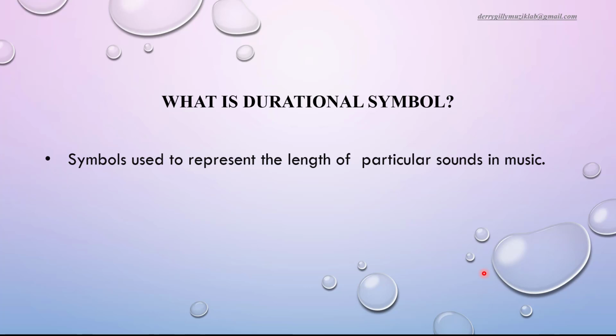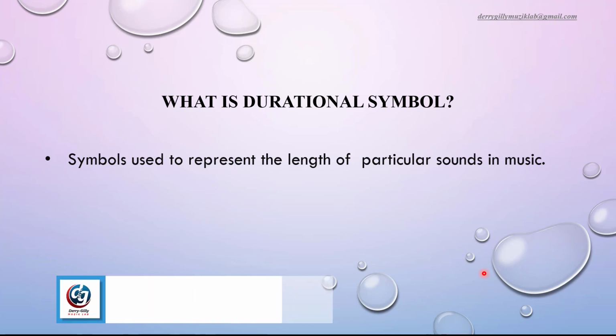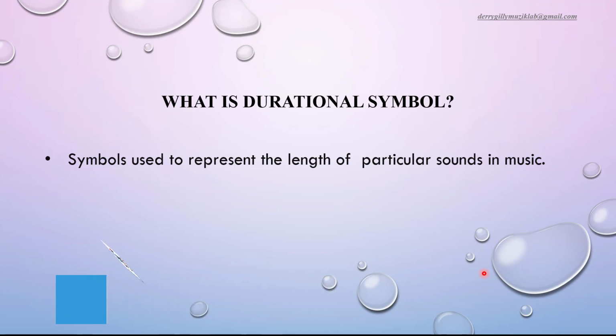Sometimes we can also make it known that they are proportional to one another as to how they may be divided from larger into smaller components. So durational symbols are symbols that are used to represent the relative length of a particular sound in music.